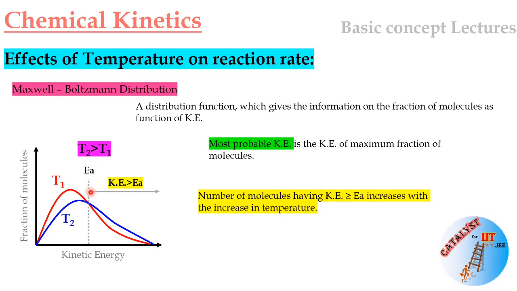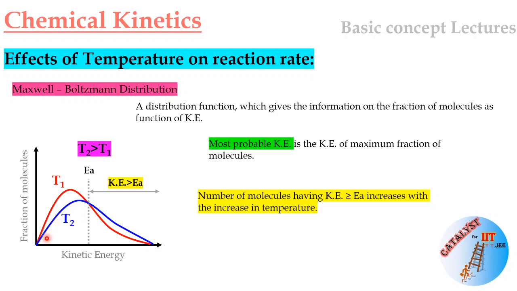So if your molecule has kinetic energy greater than Ea, the activation energy, then this fraction of molecules will have sufficient energy to cross the activation energy barrier. Now the Maxwell-Boltzmann distribution looks like this, and how it comes about we will discuss in our gaseous state lecture.